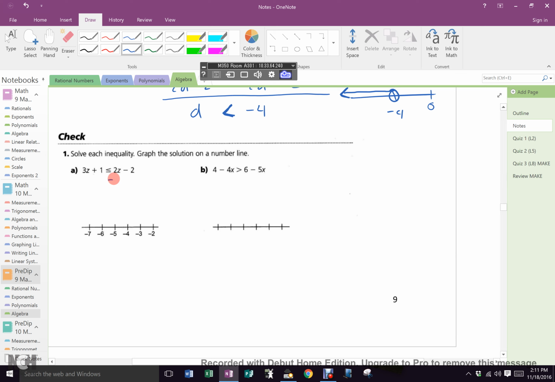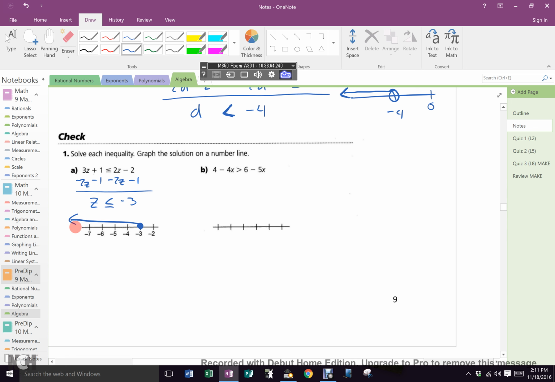So, minus 2z, minus 2z, minus 1, minus 1, z less than or equal to -3. Color it. Yes, it is, Hallie. And then what direction does the arrow go? Left. Why? Because it's any number less than or equal to.